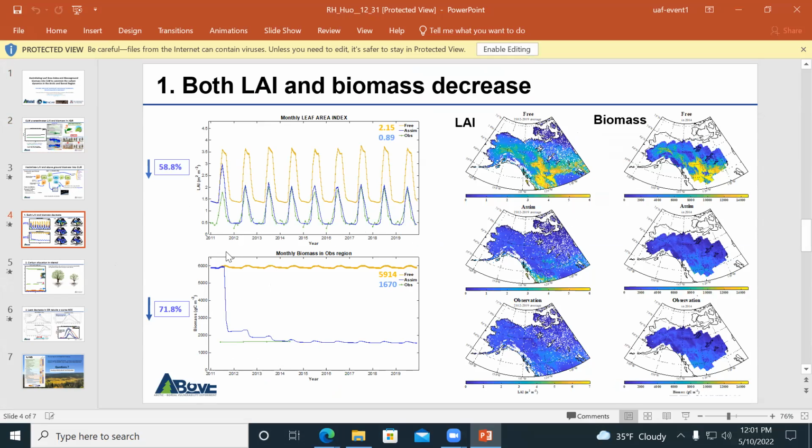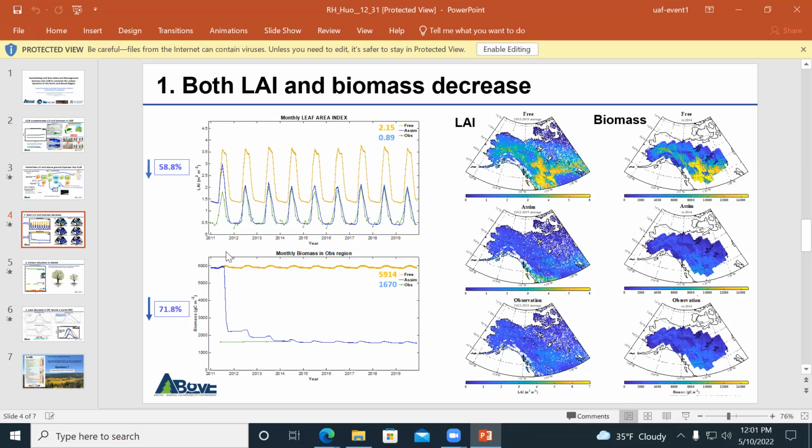Right, for example, in Fairbanks, those values are very low, maybe lower than 2, right? And this observation is from the MODIS LAI.